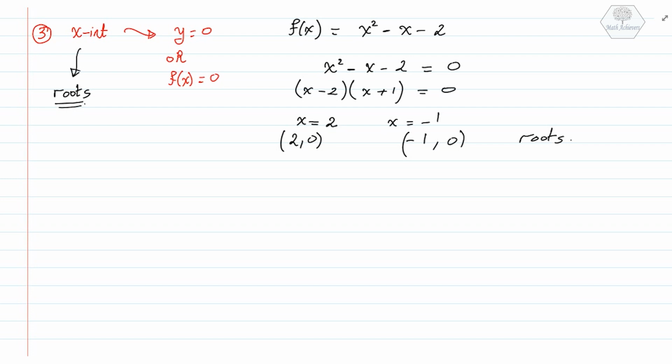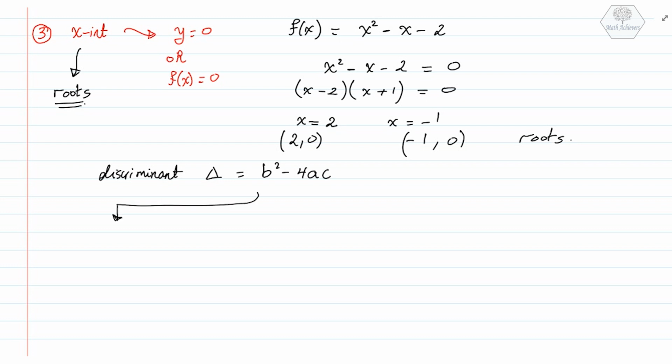To know how many roots a function has, we need to calculate the discriminant. The discriminant, we write it as a triangle, is equal to b squared minus 4 times a times c.